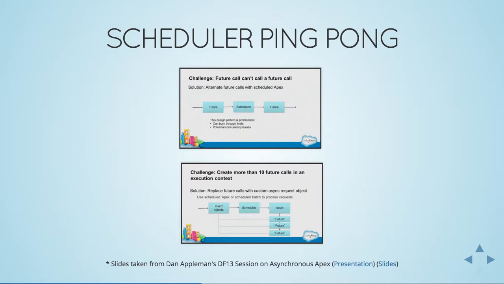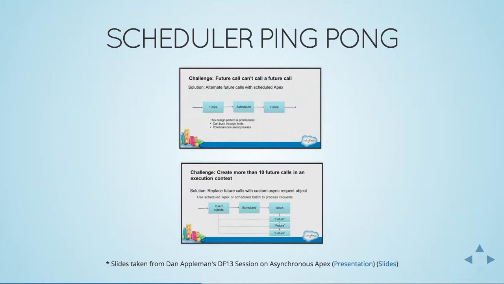It was referred to as scheduler ping-pong, where through a self-aborting scheduled Apex class, you could bounce between scheduled Apex and a running batch job. And the very last thing the batch job would do is restart the scheduled Apex process. So you have this back and forth between scheduled and batch. You can see these are some slides taken from the Dreamforce session I previously mentioned.